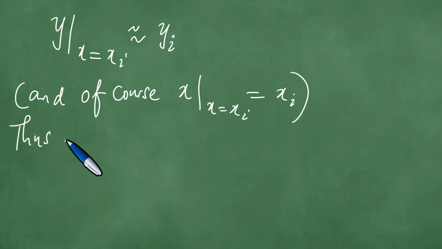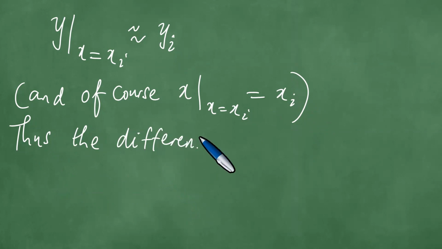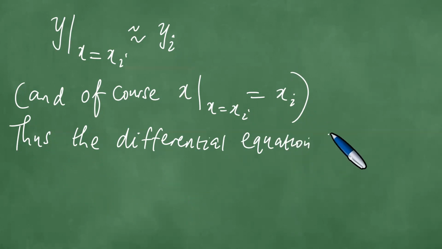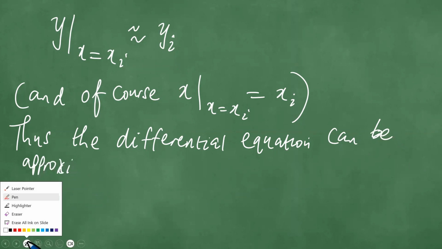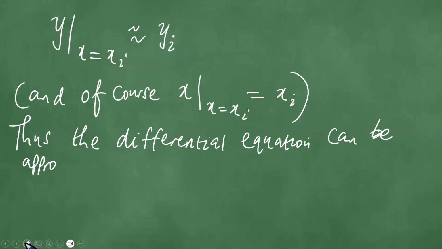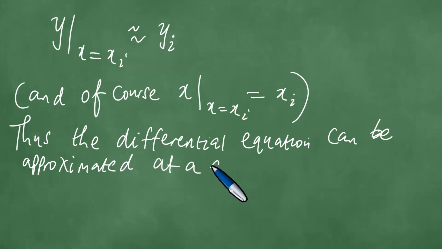Thus, the differential equation can be approximated, that is, evaluated at a grid point.